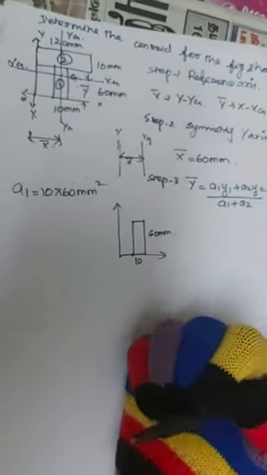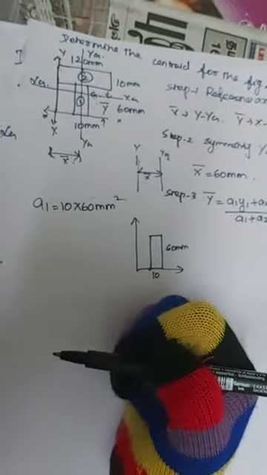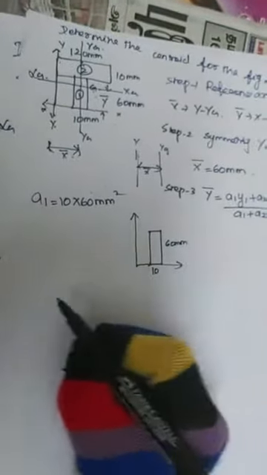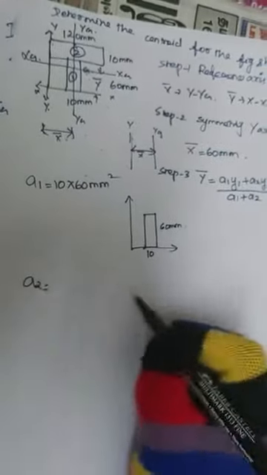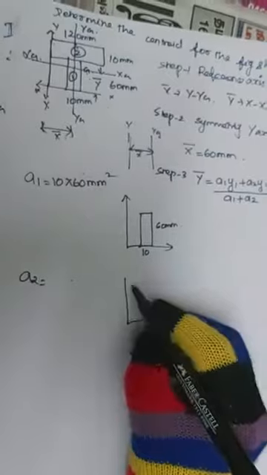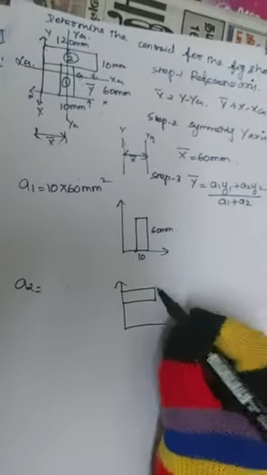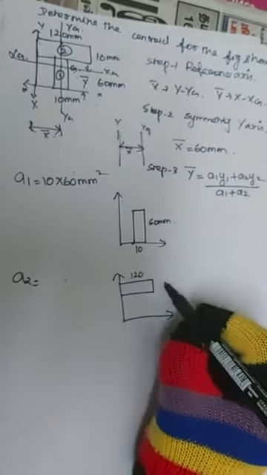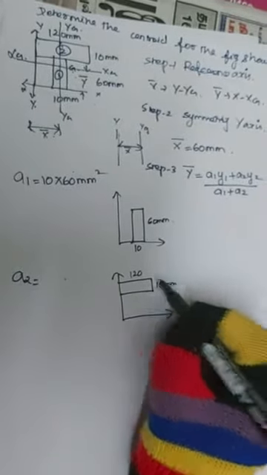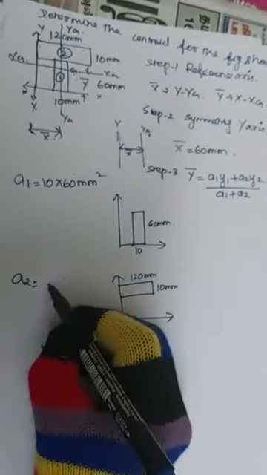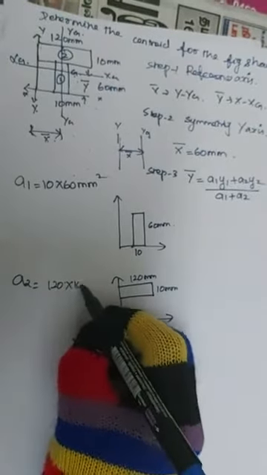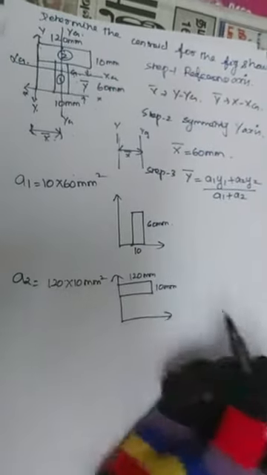This is area 1. Okay, and area 2. What is area 2? I'll draw this here separately. This is 120, this is 10 mm. So area 2 is 120 multiplied by 10 mm square. Area of a rectangle, you know that, right?